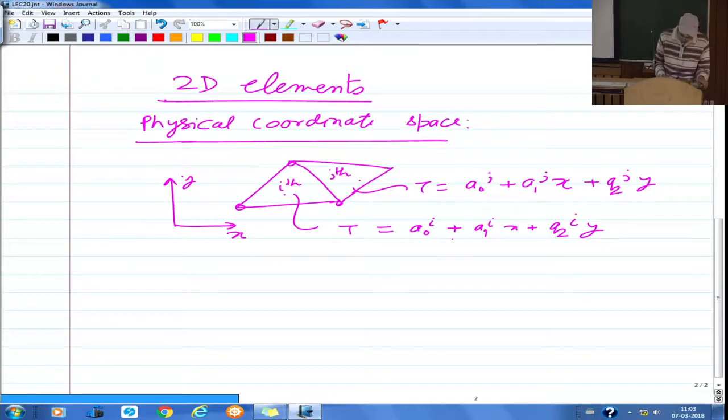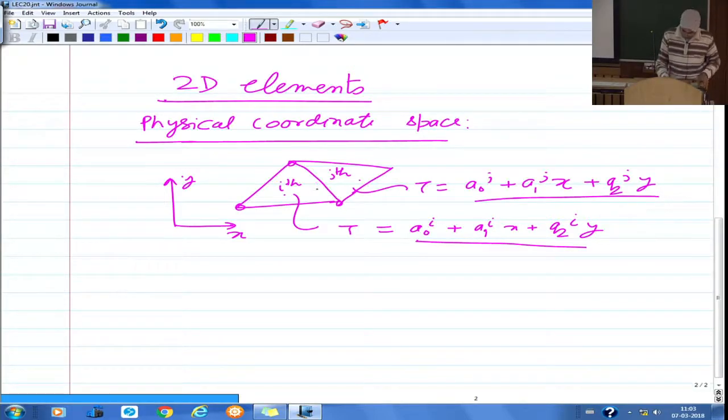Now, within the ith element the interpolation of the temperature is given by this, and in the jth element the interpolation is given by this. The continuity demands that when we evaluate the temperature distribution along this common edge shared by the two elements, from this side or this side, the temperature distribution must be unique, that is the same.